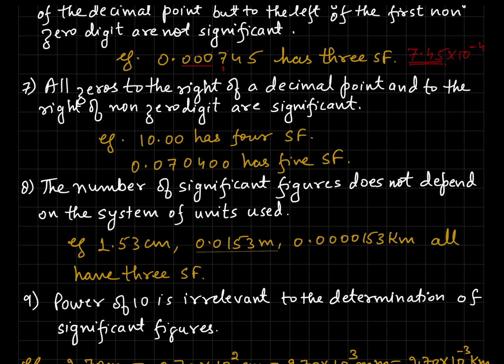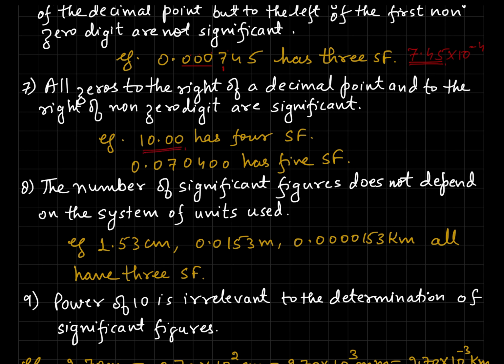But if I write 10.00 centimeter, it means my ruler can measure, say, 10.13 centimeter. My ruler can measure correct up to 2 decimal points. Hence, these zeros would be important and it would be 10.00.